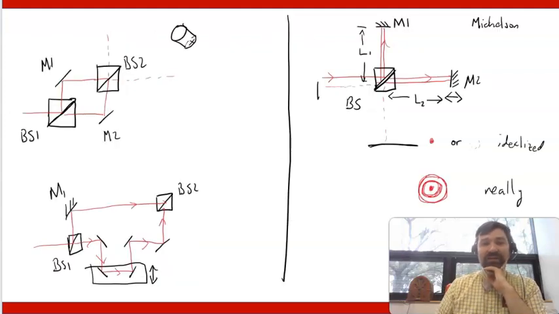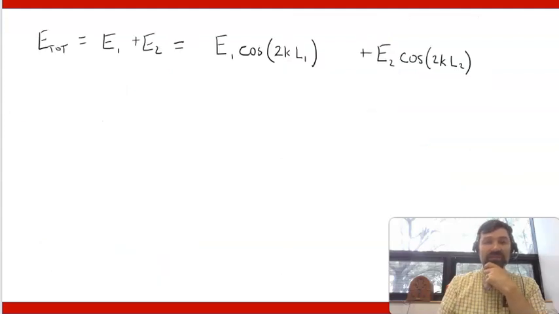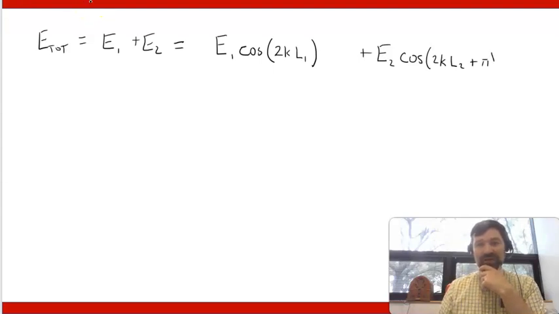Now, with that said, this beam, again, is reflecting from the back face, hitting a mirror, and then passing through, no phase shift. This beam is passing through and then reflecting from what is effectively the front face on the other side. That introduces an extra phase shift of pi. It basically means that I need to have an extra term in here, so plus pi.